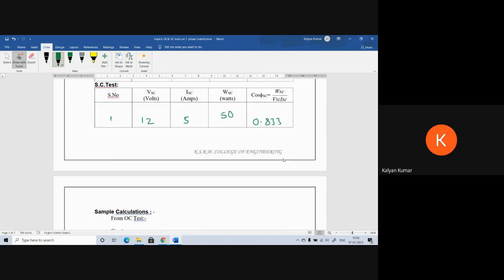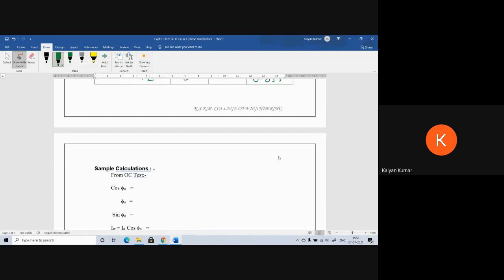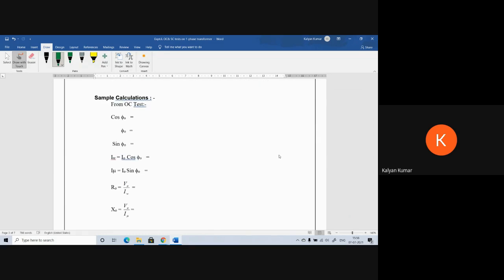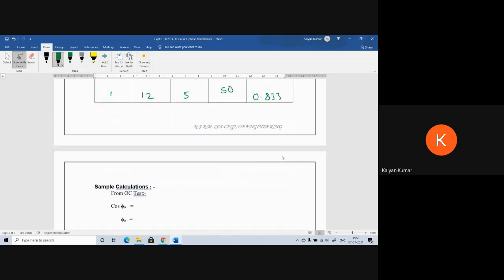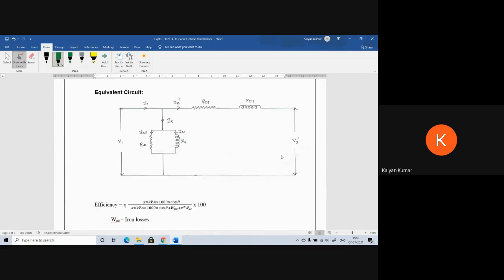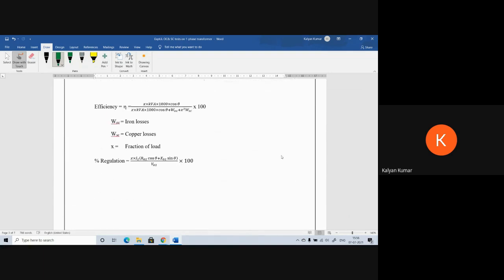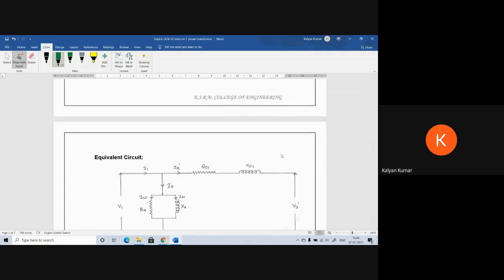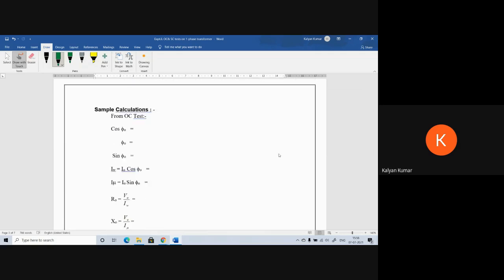Now, from these readings, we need to obtain the equivalent circuit parameters, and then we need to find out the performance of the machine. That is efficiency and regulation we need to calculate.